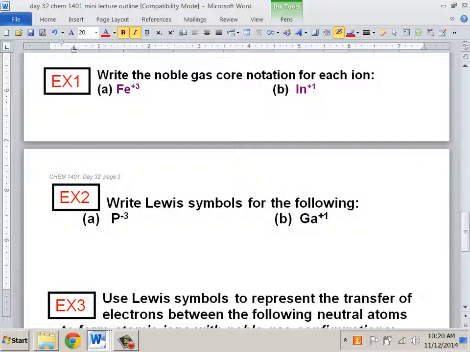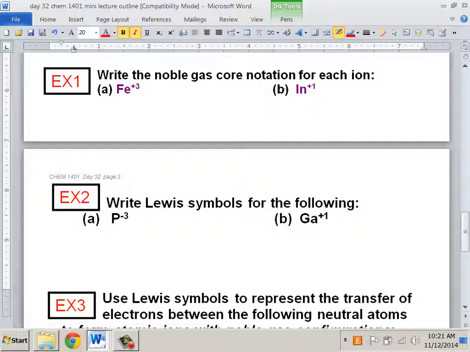Write the noble gas core notation for iron 3. Oh, it's not a straightforward one, is it? There's an easy way to look at this.